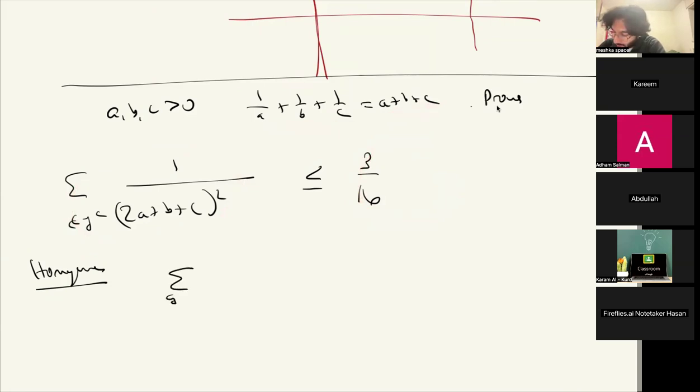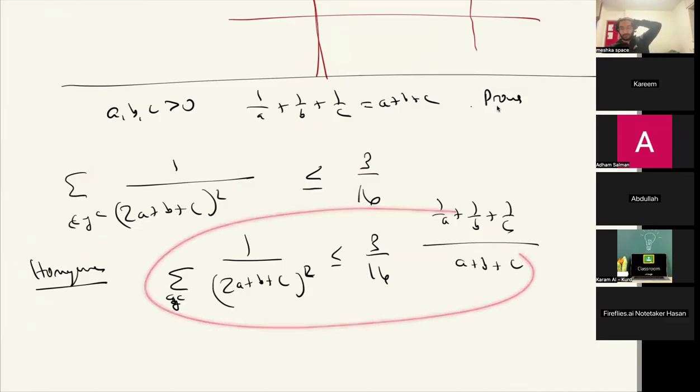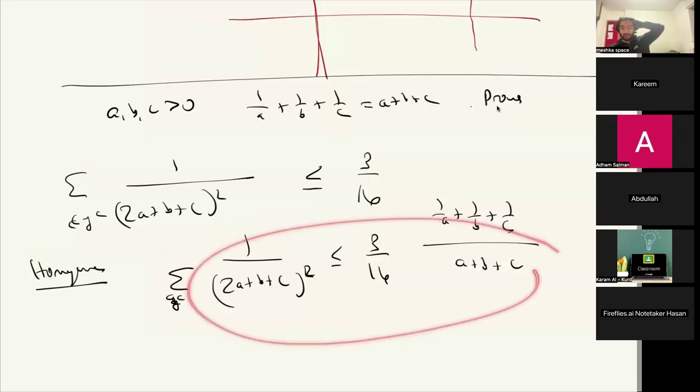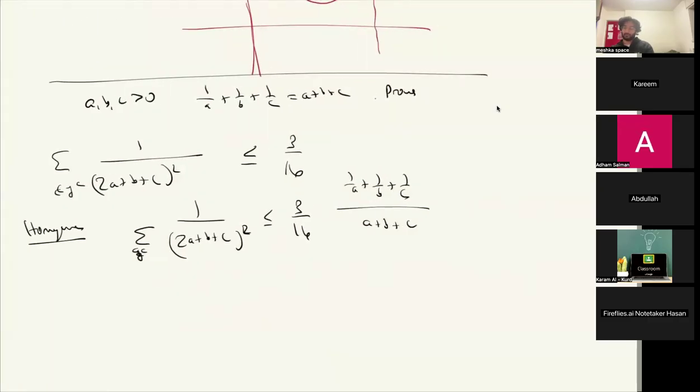You homogenize and it becomes 1 over (2A plus B plus C) squared is less than or equal to 3 over 16, 1 over A plus 1 over B plus 1 over C, all over A plus B plus C. Okay. And now this one has no constraint. So this one, without any constraint, is equivalent to this. So we can actually just forget about the original inequality and just work with this. I think it's better.